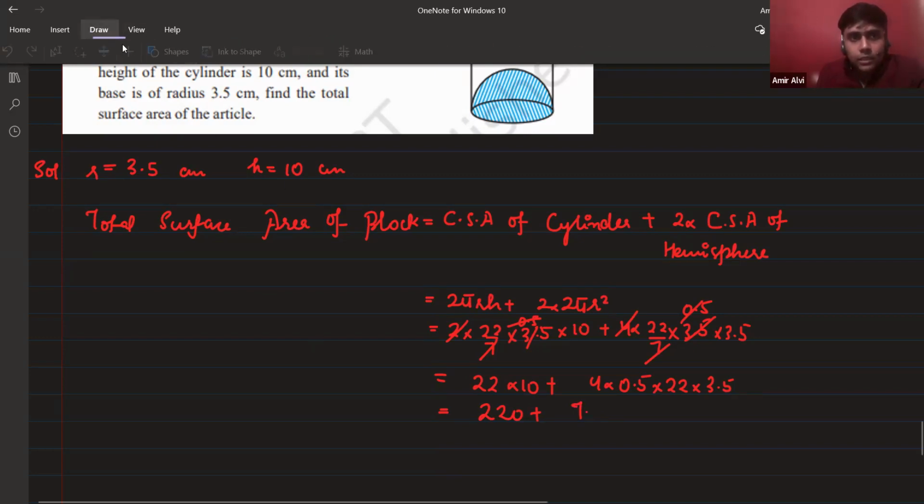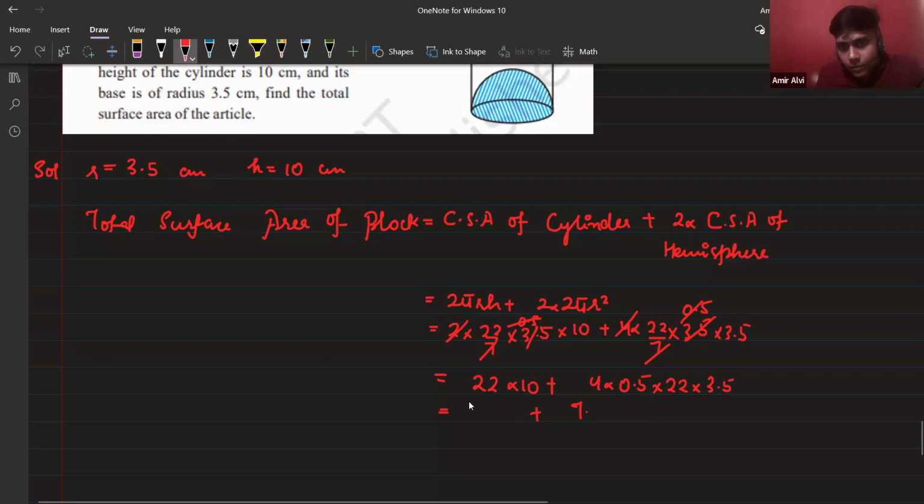इसको मैं ऐसे रख देने देता हूँ. ठीक है. So this will become 2 into 22 into 3.5, and this 3.5 and this will become what? 7. 7 into 22.